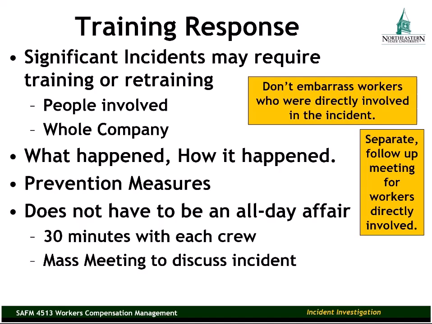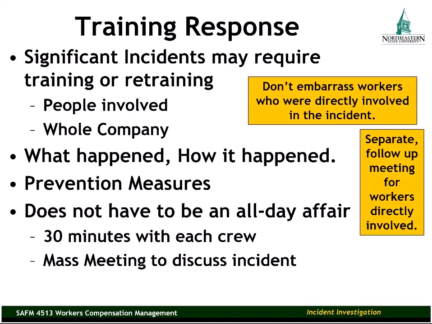It could be a mass safety meeting on a project. And if you're on a big project like the DFW connector project where there's hundreds of people, you could have a mass meeting at the beginning of a workday to discuss the incident. One of the examples of this that I got to experience was down in Texas.